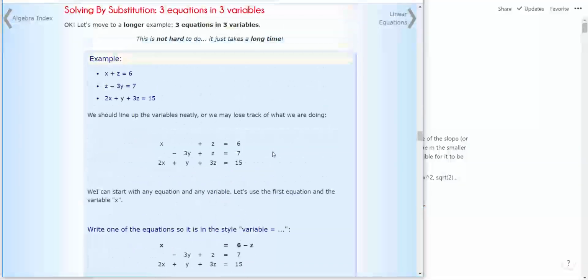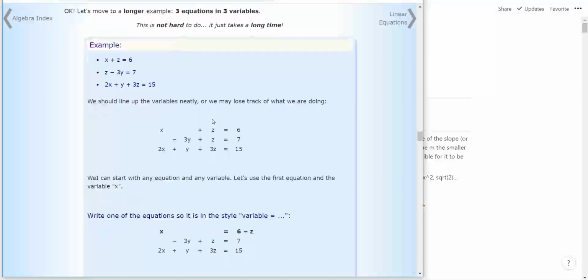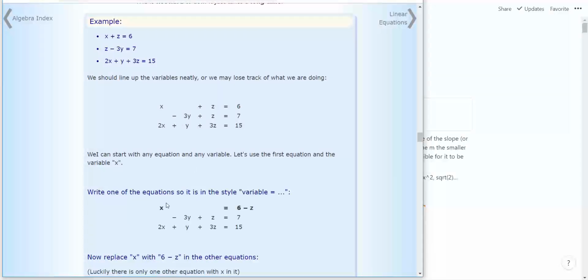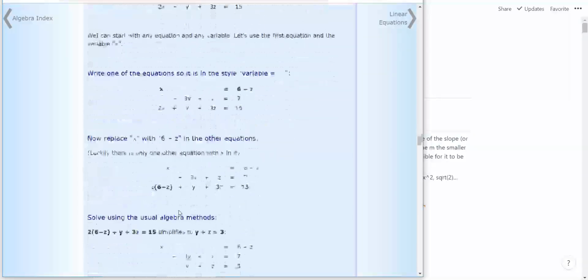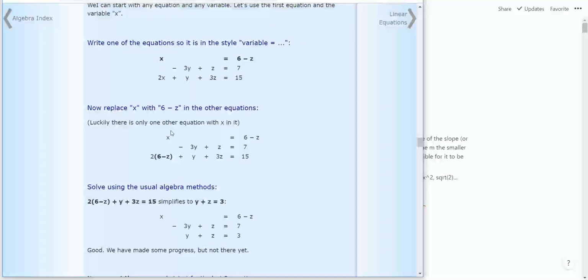So you've got these 3 equations. Now you set one to be x equals something, and that's what it is here. x equals this, and then you do the same for the second one. You apply the x in the third equation, and the x in the second equation.